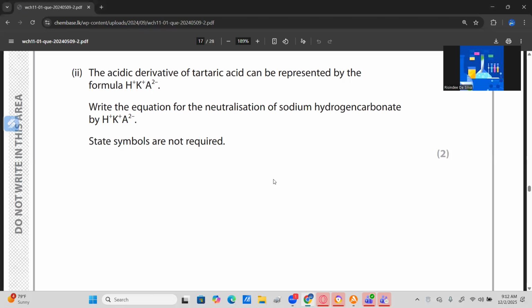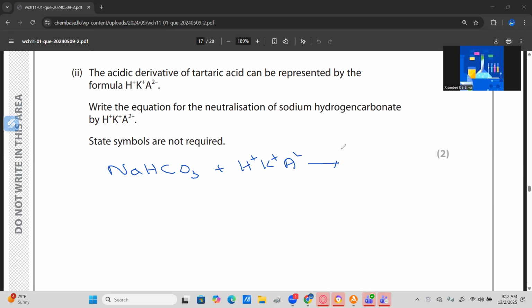Then we see the acidic derivative of tartaric acid can be represented by this. Write the equation for the neutralization of sodium hydrogen carbonate. So we have sodium hydrogen carbonate with H plus, K plus and A2 minus. So normally what is happening here is the positive one will go with the negative one.